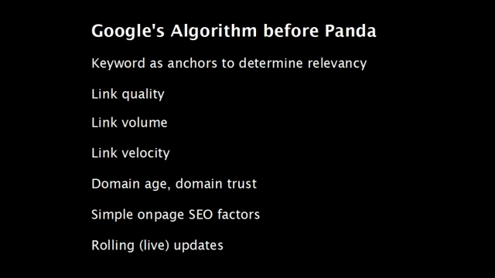What they did is they took link quality, backlinks from older domains, age backlinks, backlinks from related IPs or in the same geographical zone as a measure of quality, plus link volume, plus link velocity for freshness, and they use that to calculate whether a site should rank higher for the terms that it's relevant.